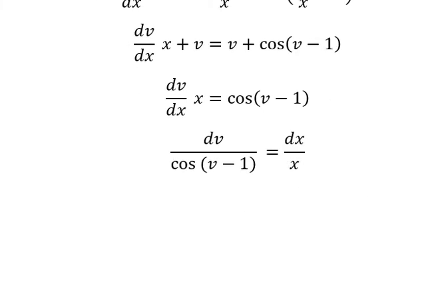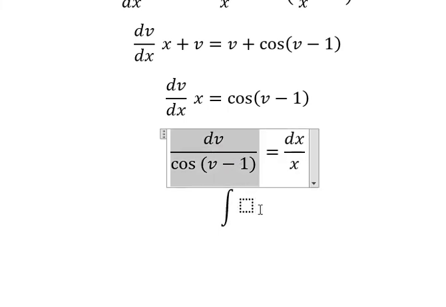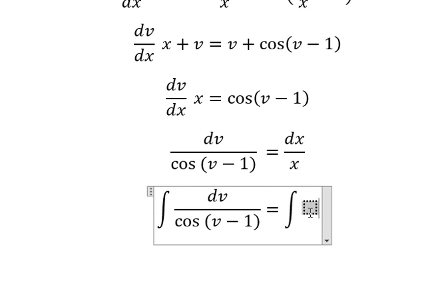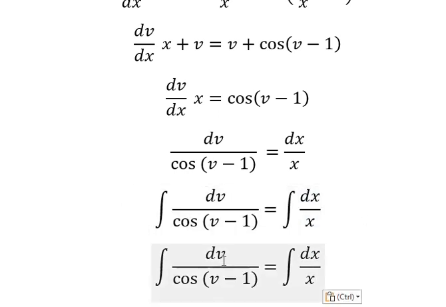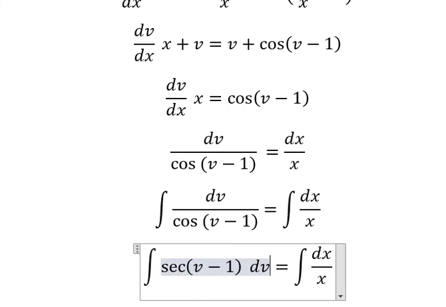Next, we put the integration for both sides. So this one, that is about secant of v minus 1 dv.